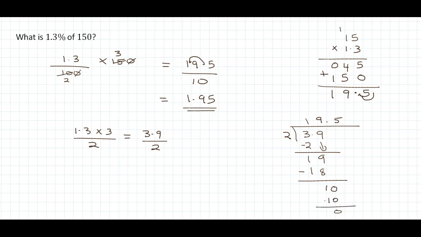So 10 minus 10 is 0. So here we have 19.5. But don't forget that we started with a 3.9, so we still need to account for that 1 decimal place. So this gives us 1.95. So whichever method you prefer, you're going to get to the same answer regardless.